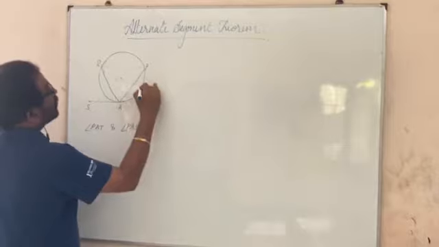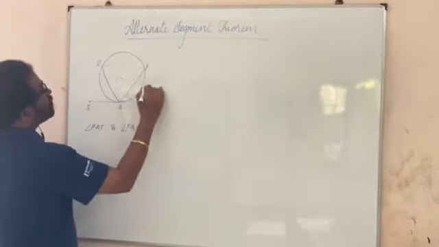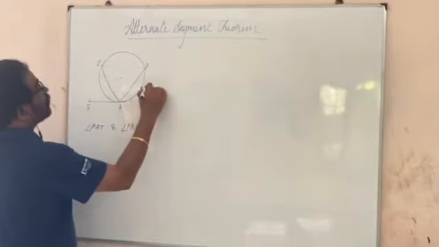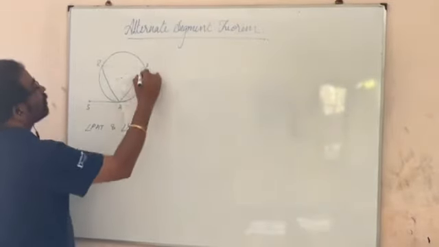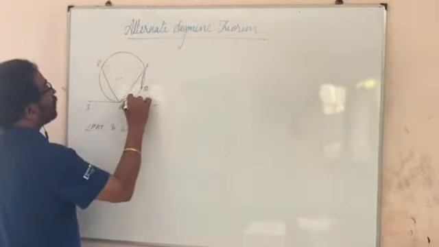Now I take another point in the minor segment and name it Q. Join PQ and AQ.